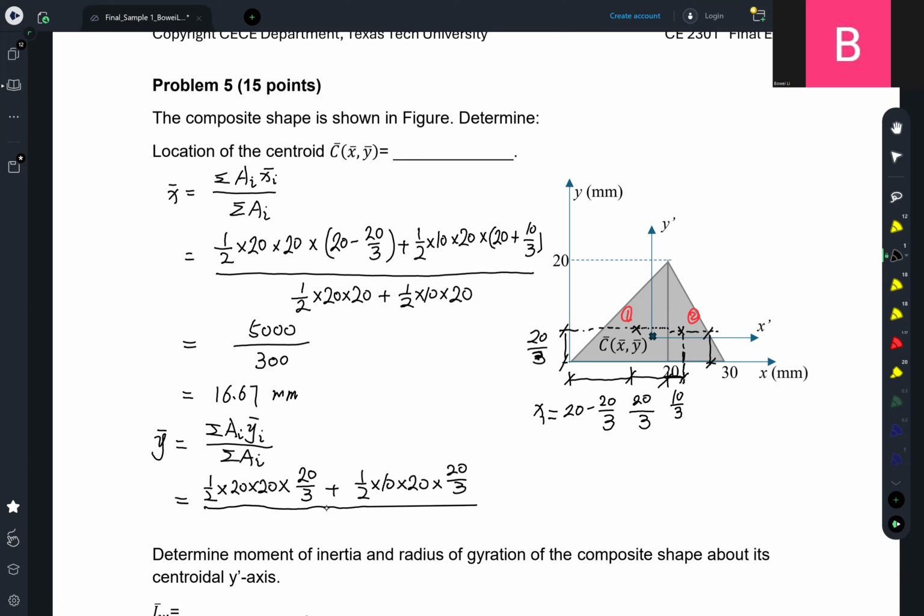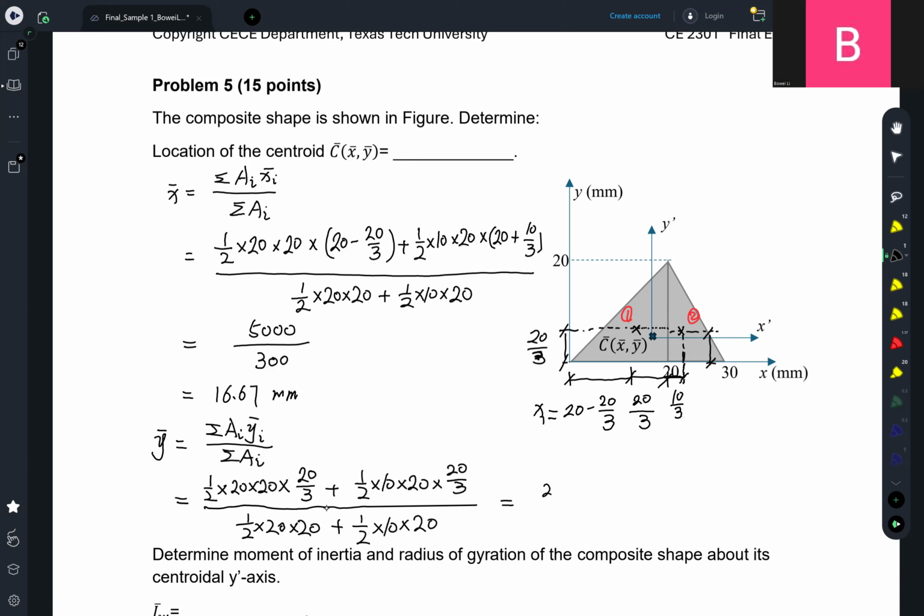Okay, so another idea to approach that is that you can take the composite shape as a big triangle. And you know that for the big triangle, the distance from its centroid to the x-axis equals one third of the head, and the head is also a distance that is perpendicular to the x-axis, right? Okay, so it is divided by the total area, right?